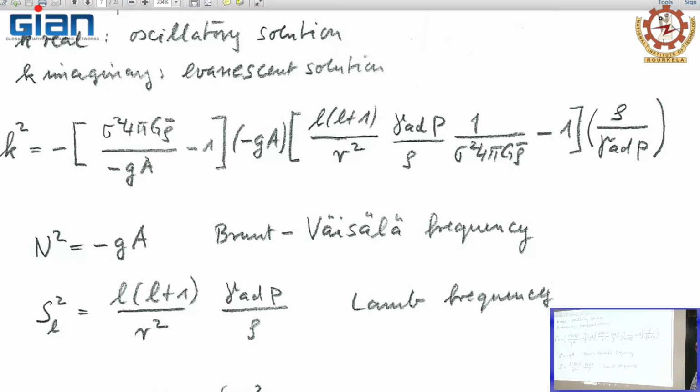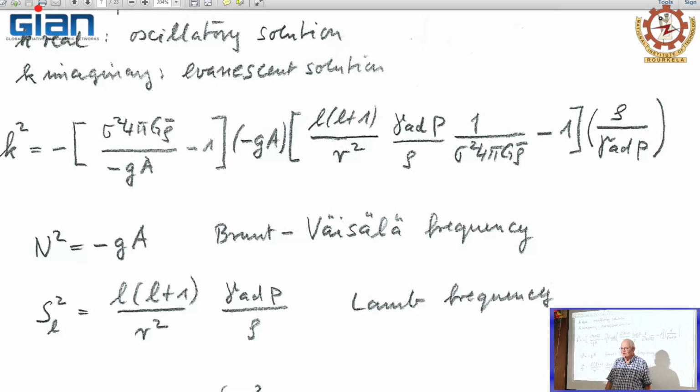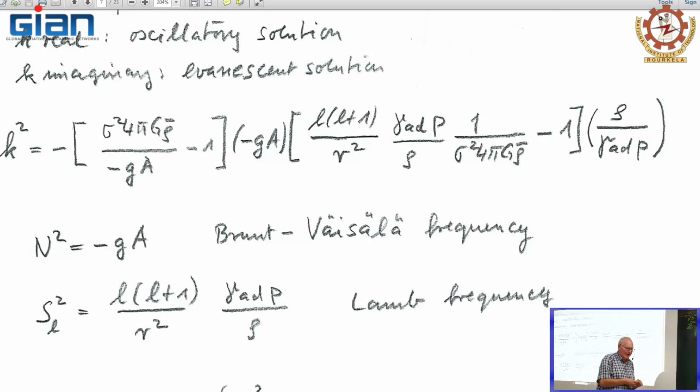Well, there are two quantities appearing here which are new and which are defined in a new way. This is the factor minus gravity times the quantity A. I would remind you, the A was proportional to the entropy gradient within our hydrostatic background model.